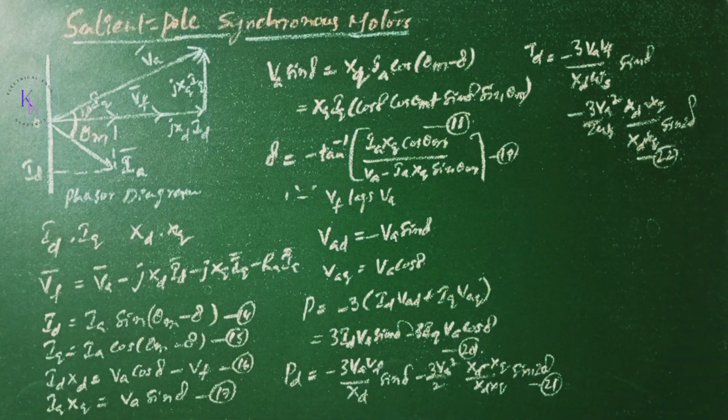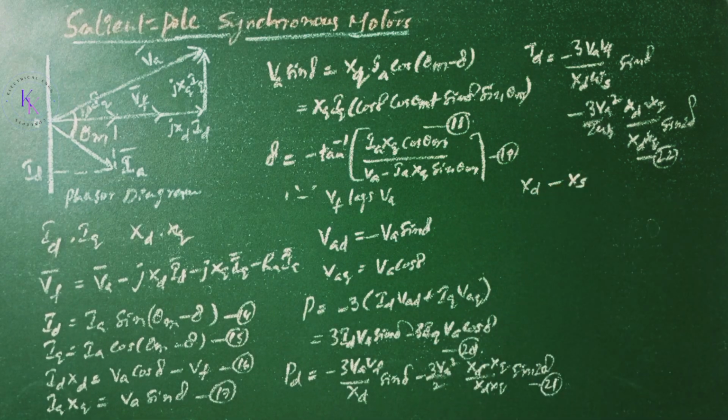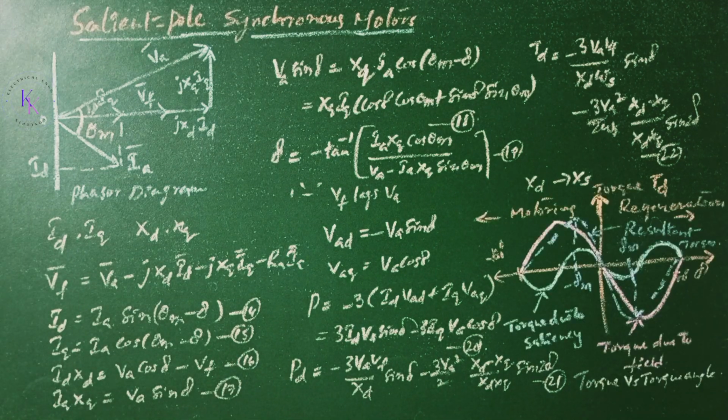The torque has two components. The first component is the same as that of the cylindrical rotor if Xd is replaced with Xs, and the second component is due to rotor saliency. The typical plot of developed torque against the torque angle delta is shown here, where the torque has the maximum value at delta equals plus or minus delta m.